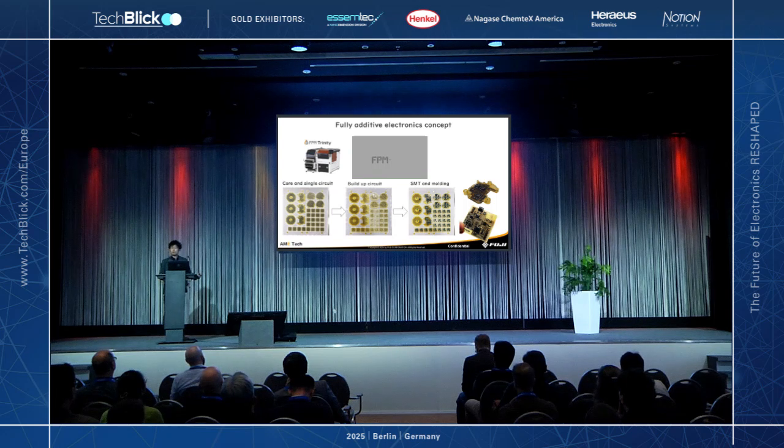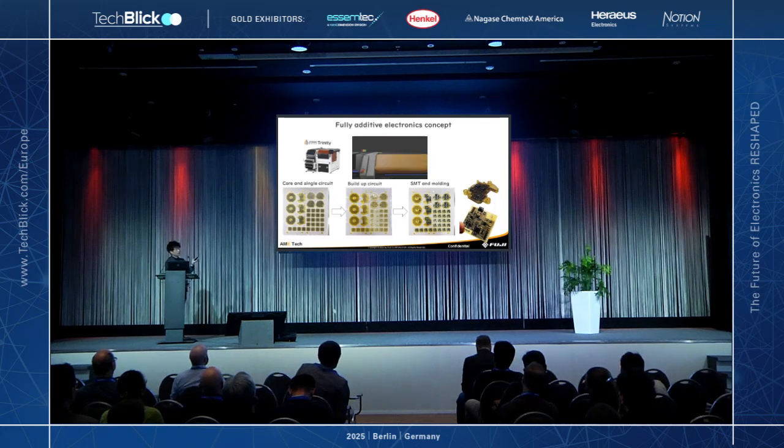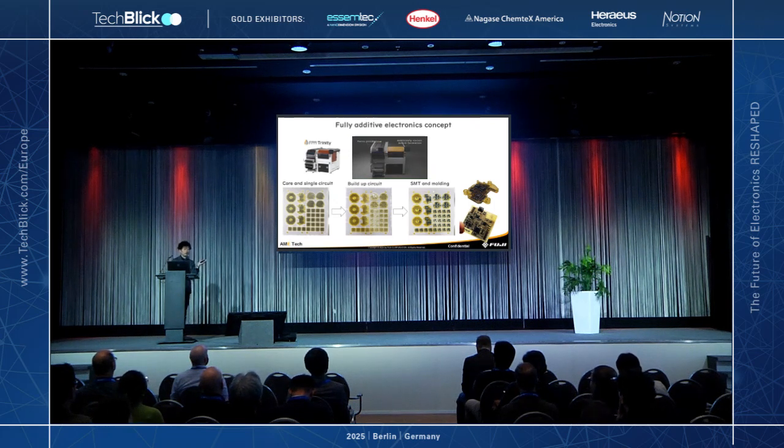This machine basically consists of two kinds of modules. On the left side, there is a pick and placement machine, and the right side is the printing machine. At first, this machine prints the UV-curable resin with a 600 dpi inkjet system, and the printed resin can be hardened by UV exposure.